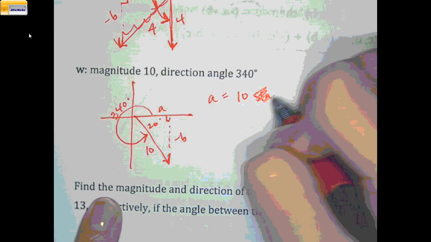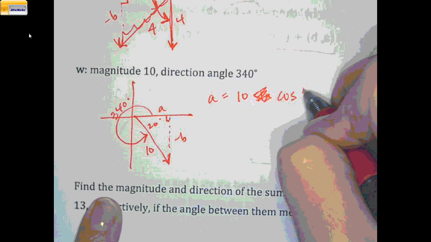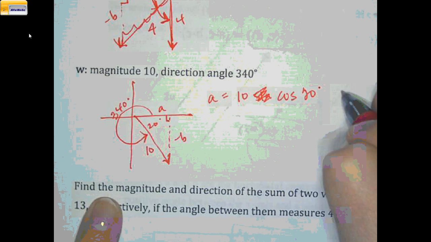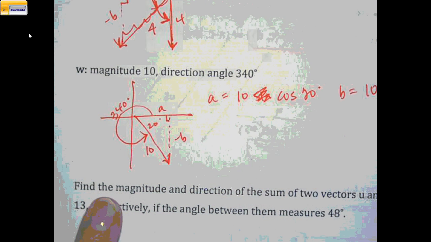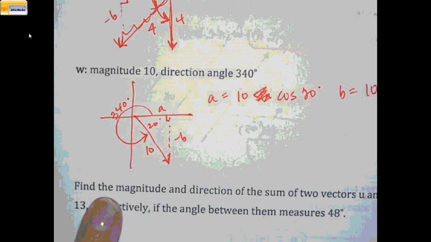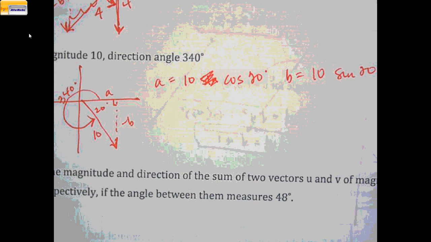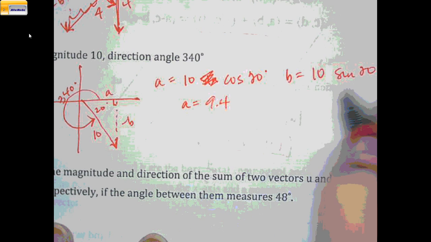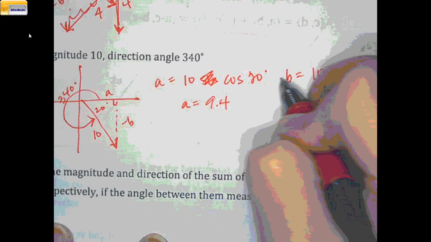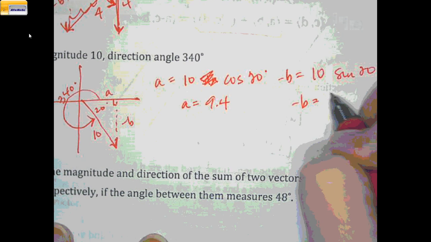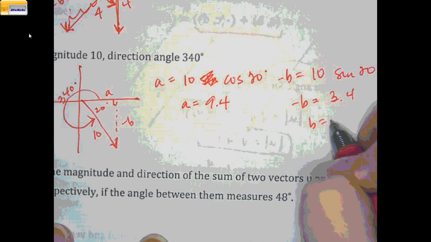Oops, cosine. Third group, I don't have my calculator in front of me. So when you type in 10 times cosine of 20, what'd you get? Okay, and what'd you get on B? Gotcha.